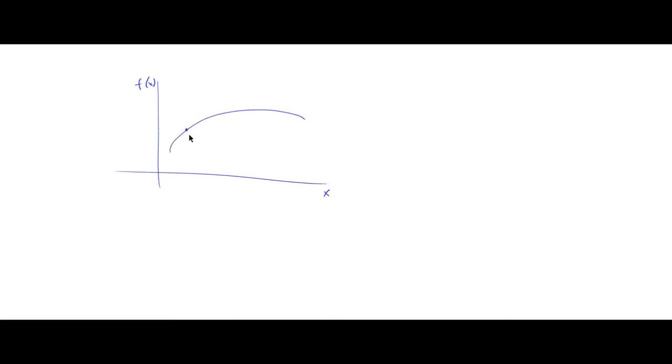So one way of thinking about this is we have f at x1, and then we have f at x2, and we want to say, well, in this interval x2 minus x1, this function has changed this much.